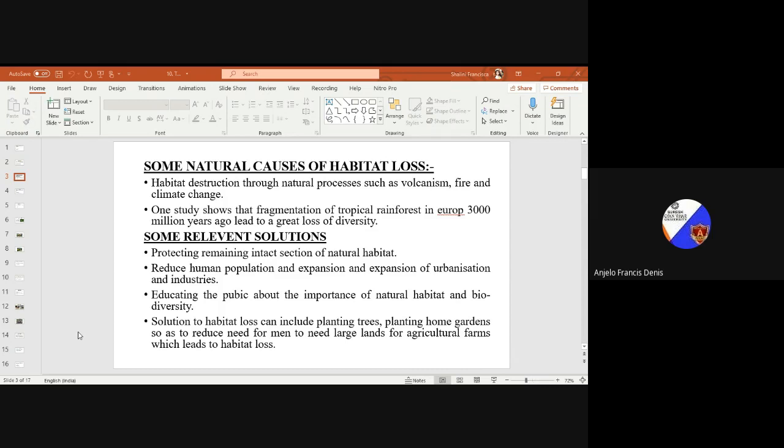Still, the government is focused on such activities, and several programs are ongoing. Still, it will take a few more years to understand the importance of nature and natural components.